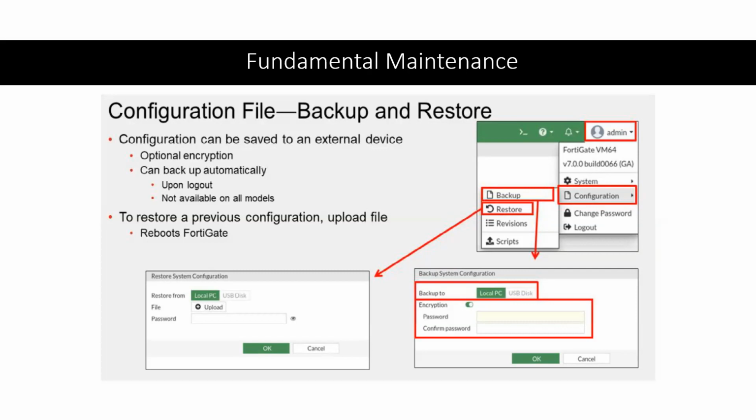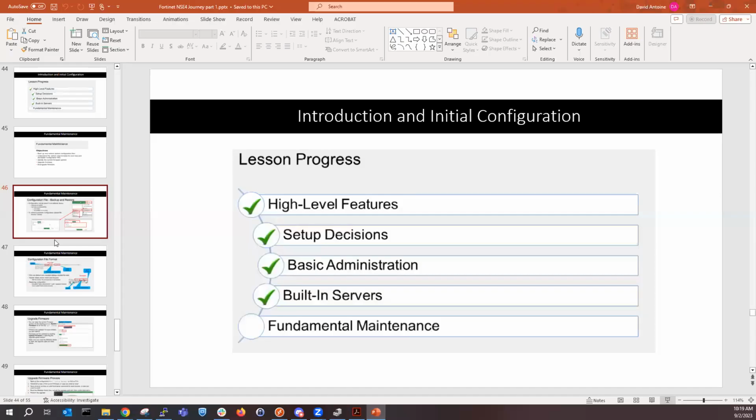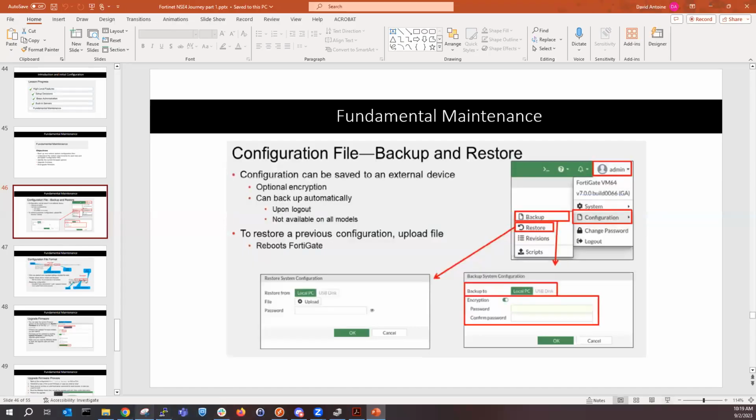You can say, back up upon logout, but that feature is not available on all models. To restore to a previous configuration file, you would upload a file, and of course it would reboot, as always. Then you'll be back at the previous configuration. Let's hop into a FortiGate and see how that looks.